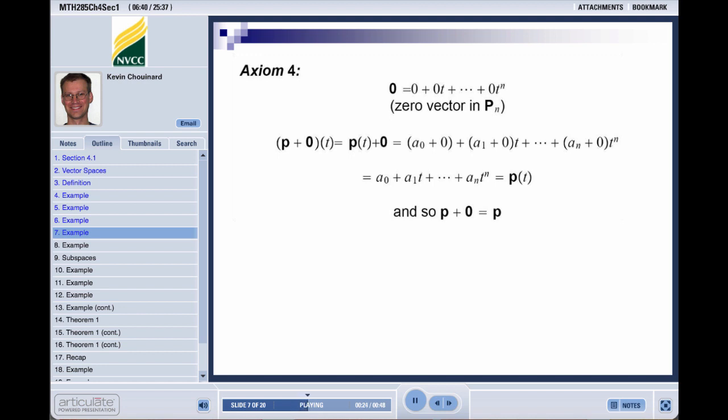Well, if we have a polynomial where every coefficient is 0, then when you add the polynomials by adding like terms, you're adding 0 to each degree term, and adding 0 is not going to change the coefficients of the original p. So you get the polynomial p back again, and p plus the vector 0 is going to be p again, and we have axiom 4 being satisfied.